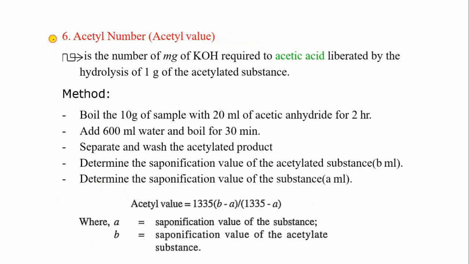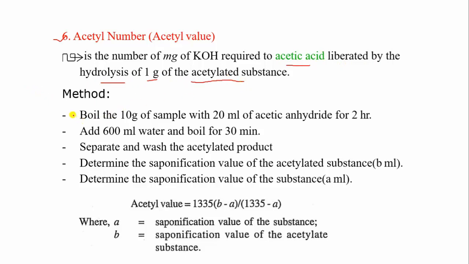Now, last is acetyl number. What is acetyl number or acetyl value? It is the number of milligrams of KOH required to neutralize the acetic acid liberated by hydrolysis of 1 gram of acetylated substance.